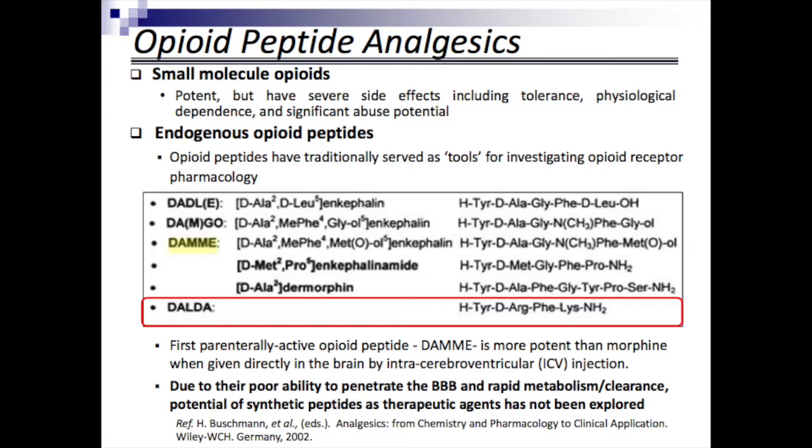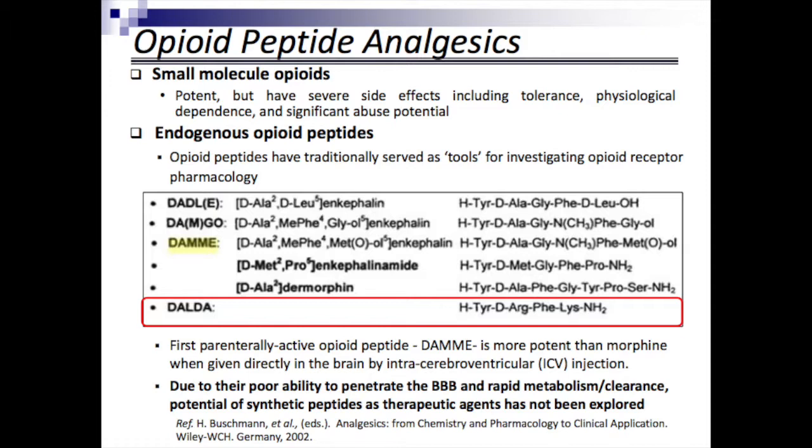However, these peptides, even though they're very small, only 4 or 5 amino acids long, are not permeable across the blood-brain barrier. And therefore, anything that we can do to enhance permeability would be a positive way to get these molecules across. The other thing with opioids, the small molecule opioids like morphine or codeine and oxycodone and other types of molecules, is that they are highly abused.